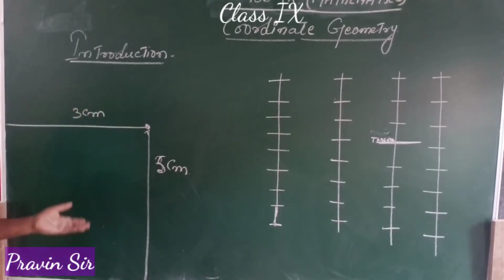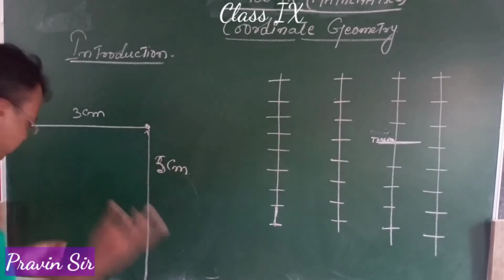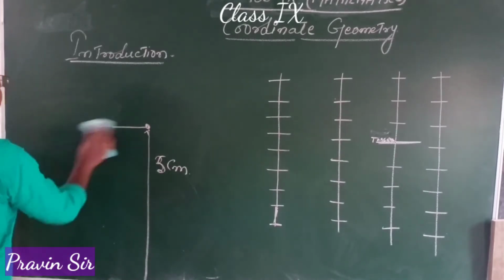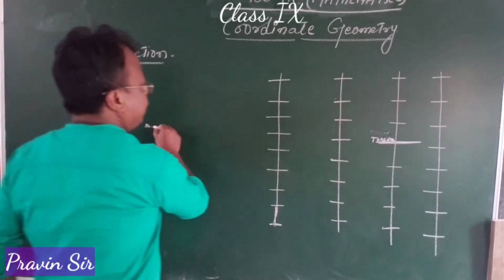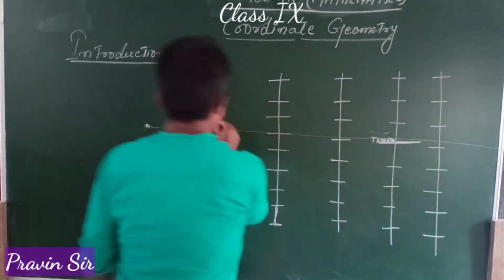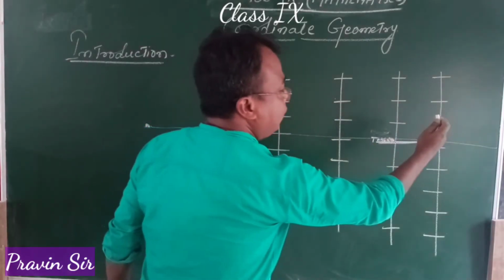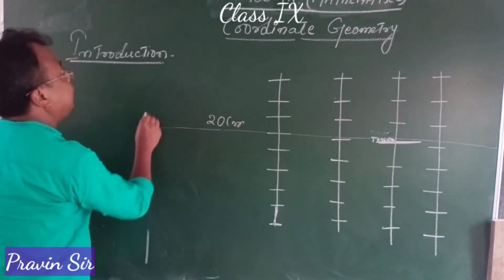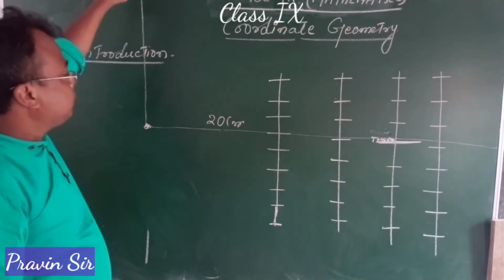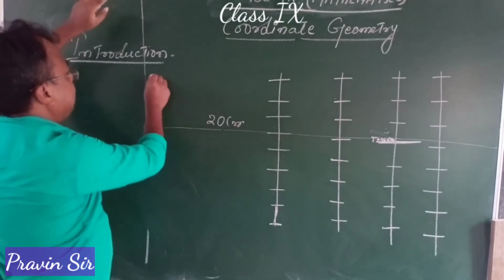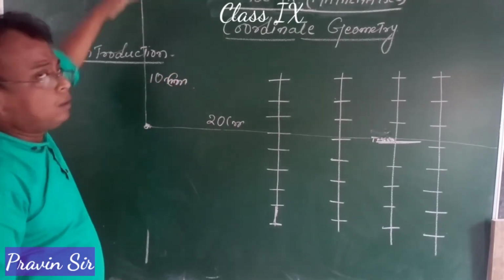To find the location you can tell it like this also. So suppose you say this point is 20 centimeter from the right side of the board and this point is located, let us say, 10 centimeter from the upper side of the board.